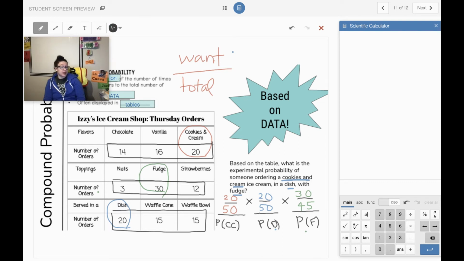My first 2 fractions are the same, so it's really just doing it one time. What number goes into 20 and 50? 10. I can divide those all by 10. What's 20 divided by 10?